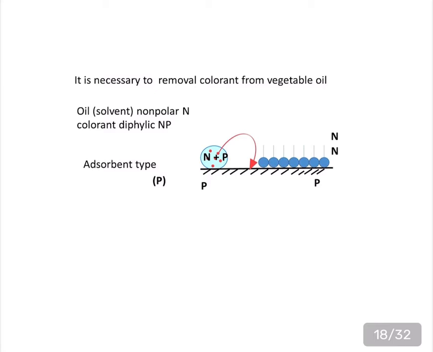It will orient according to the principle like to like. The polar part will orient to the polar solid material, and the non-polar part will orient to the non-polar liquid. As a result, it will cover the solid material completely.